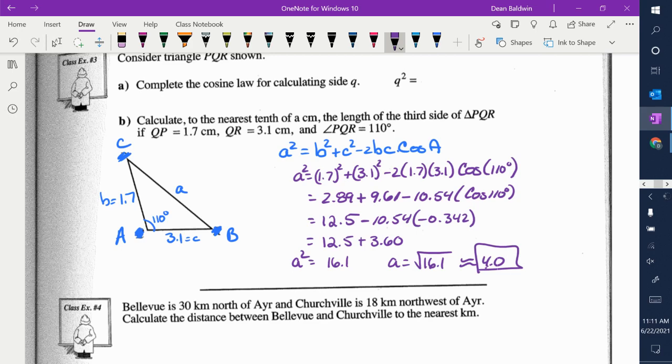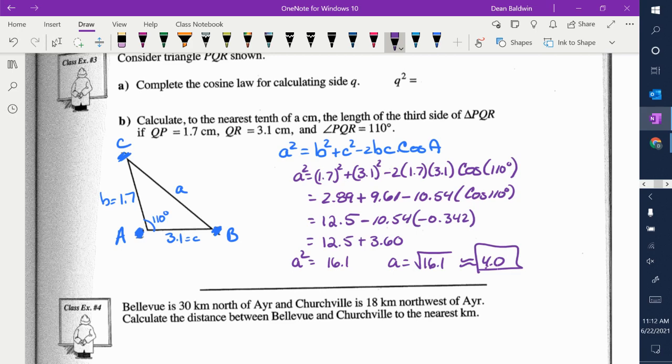All right. The only trick with this one, peoples, is be careful with this bit here because cosine of 110 is actually a negative number. How? You'll learn that in grade 12. So when you multiply this negative times this negative, it actually turns into positive. So you get 16.1.